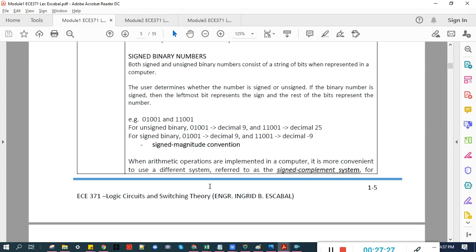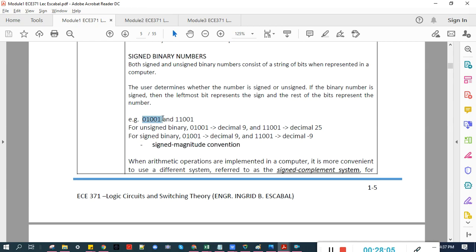For example, we have 01001 and 11001. We can interpret both of these binary numbers differently depending on how we declared them, whether signed or unsigned. If we declared them as unsigned binary numbers, then the first bit represents a normal bit, which is 0, as the one here represents a binary digit 1.